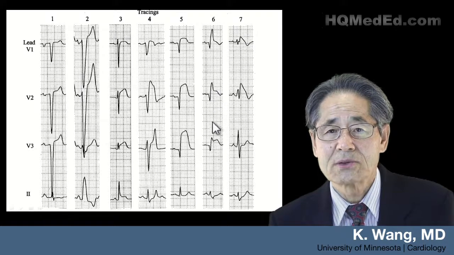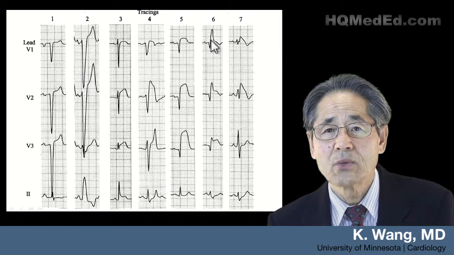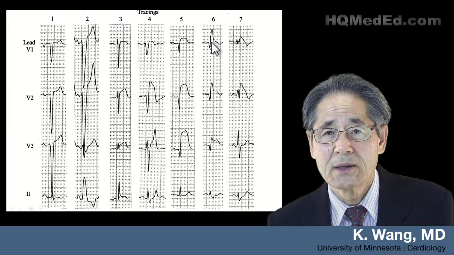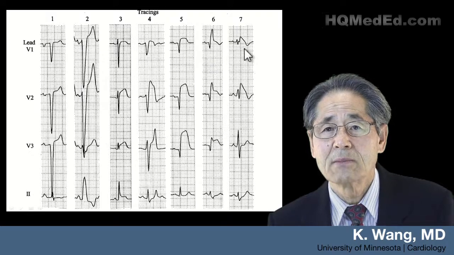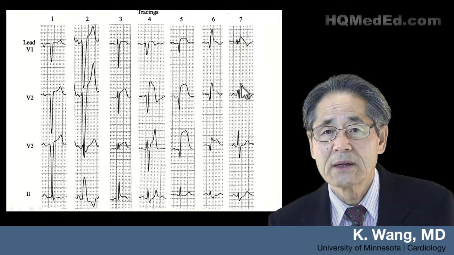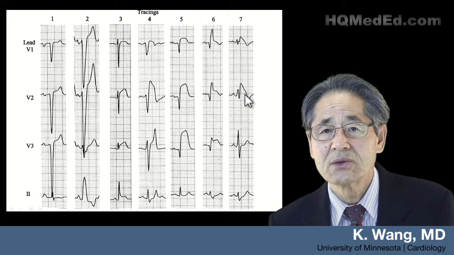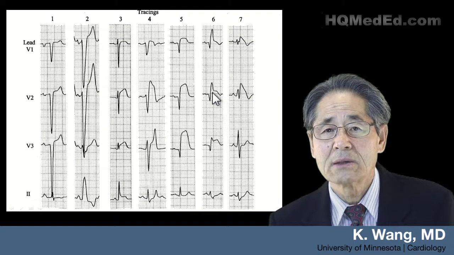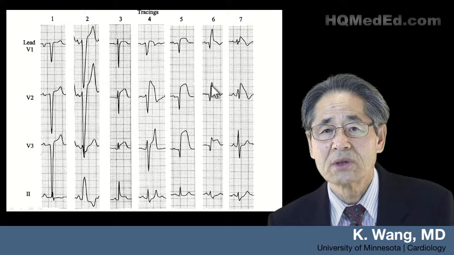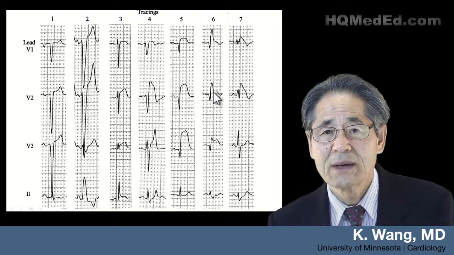This is anteroseptal STEMI combined with right bundle branch block, which is distinctly different from Brugada syndrome in that here, as I'm repeating, the elevated ST segment begins from the top of the R prime, continuously downsloping, ending in an inverted T, while here there's a distinct junction between the R prime and the downslope of the R prime and the beginning of the ST segment. You can tell the difference between this and this.